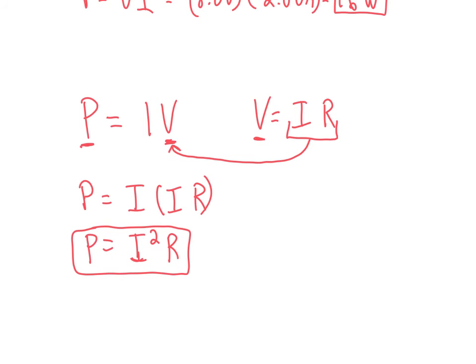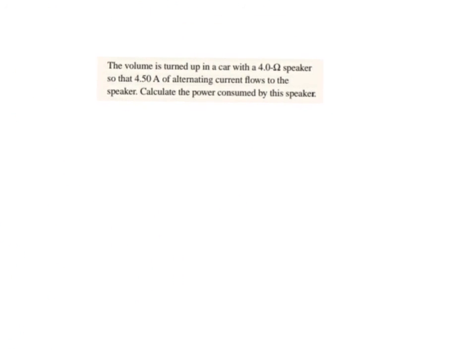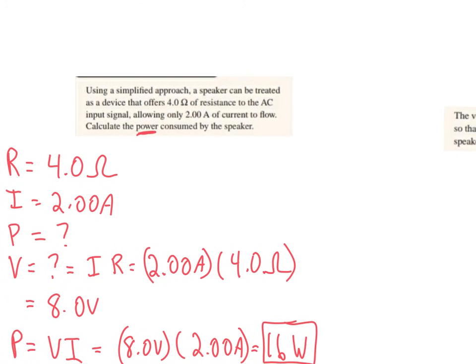So we're going to look at another example now, up here. In the previous question, we had ohms R and amps I given to us, and we figured out P by going through a two-step process. Over here, we have the exact same things given to us, different numbers. We have ohms and we have amps.